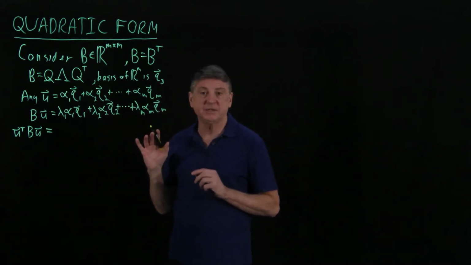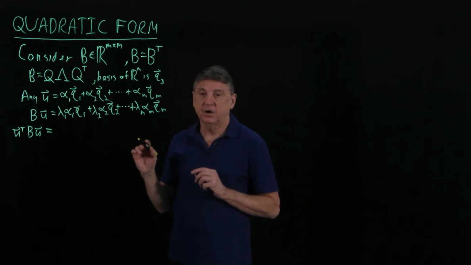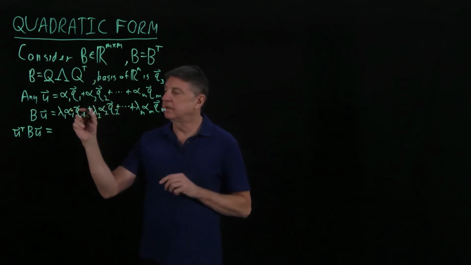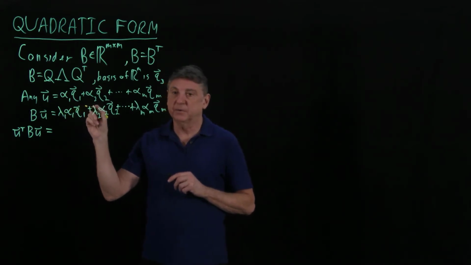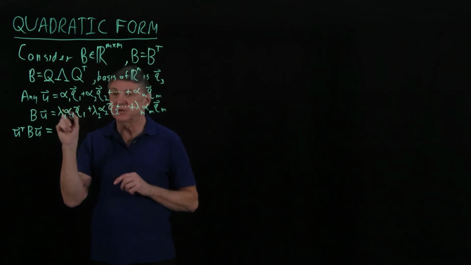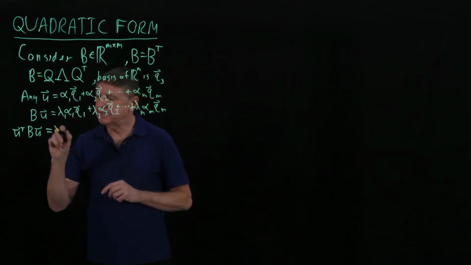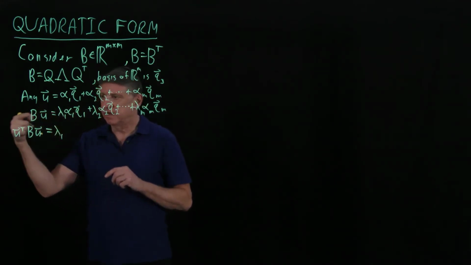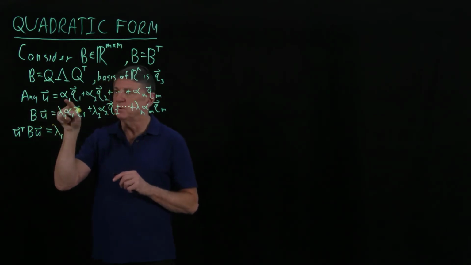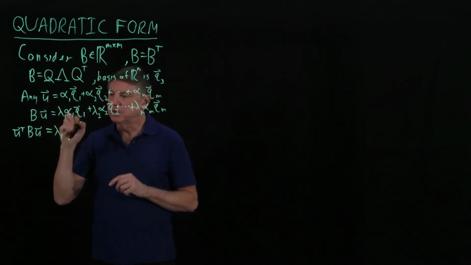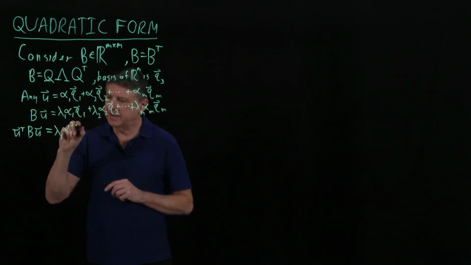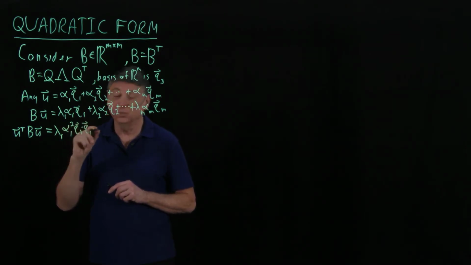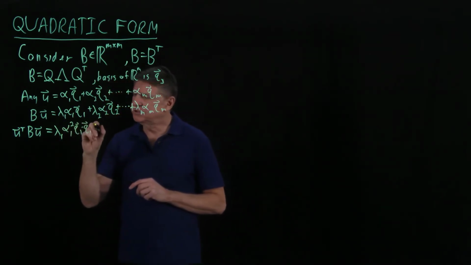So the only things that don't cancel out are the eigenvalue and the Q1 dot Q1. So that is lambda 1, and then U transpose is alpha 1 Q1 transpose, so that alpha 1 gets squared, and then I have Q1 dot Q1, which is 1, and so on.